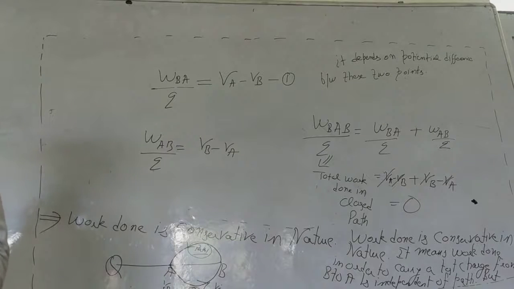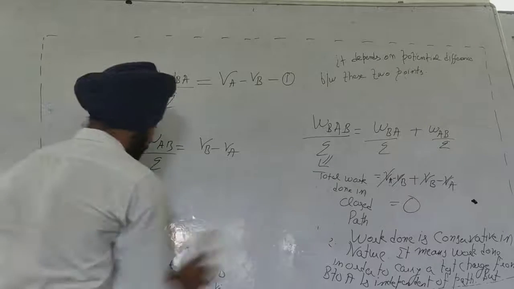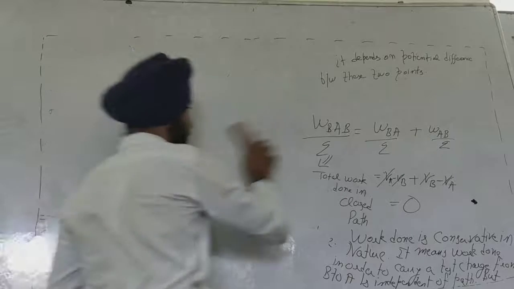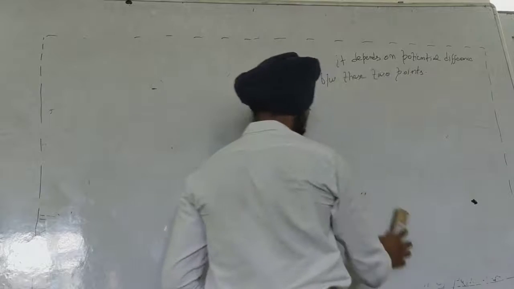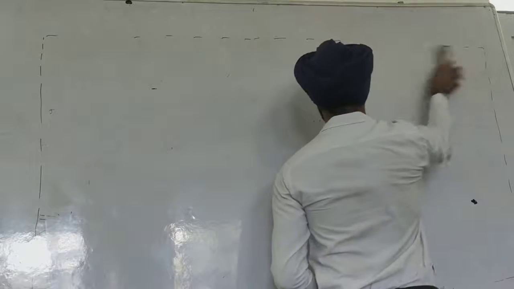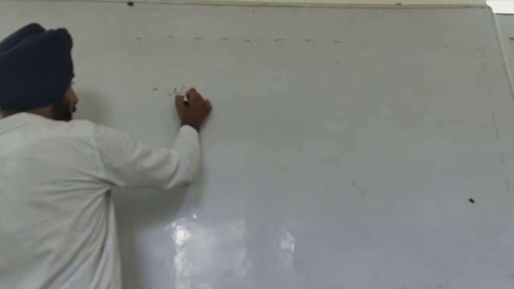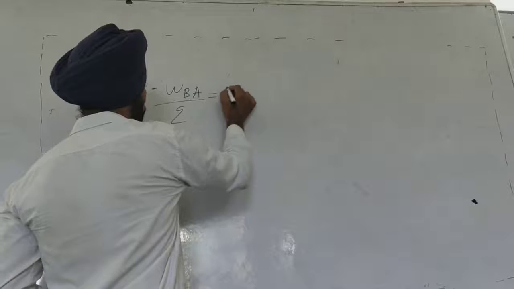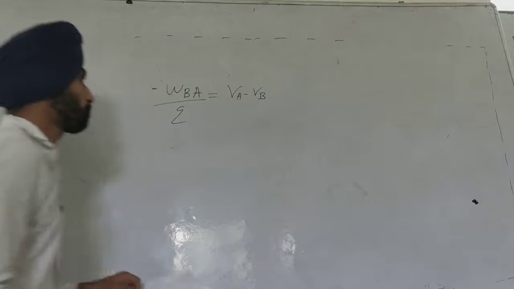So the next concept, the third concept of this topic: what is the unit of electric potential? Work done in order to carry a test charge from B to A will be equal to the potential difference.